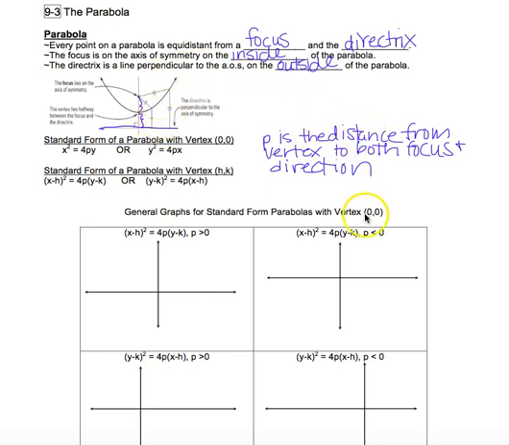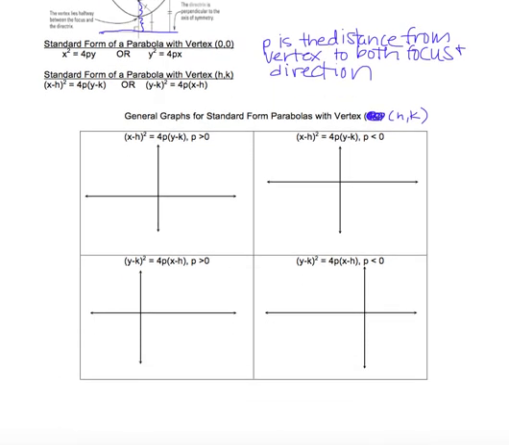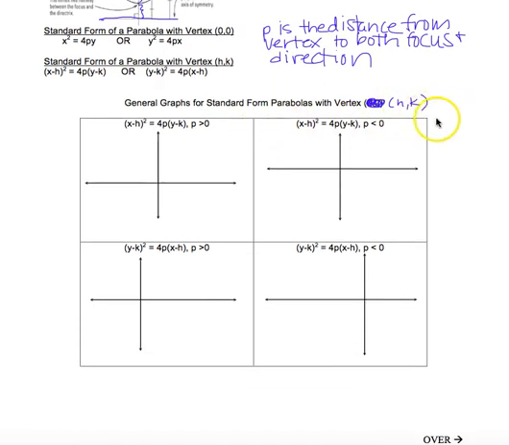So this, I made a typo here. This should be vertex h, k because we're going to draw it for the general form, not for the specific 0, 0. So h, k is a general point, and we don't know where exactly that might be. But wherever h, k is, let's just say that it's right here. So I've gone, in this case, to the right and down, but it could be any direction that we've shifted.